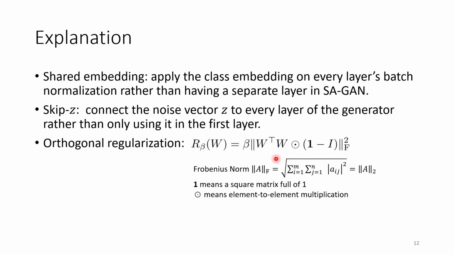In the regularization term, the operator here means element-wise multiplication. So it expects the W vectors to be orthogonal, so that their off-diagonal values will be 0. For the diagonal elements, they don't care so much.